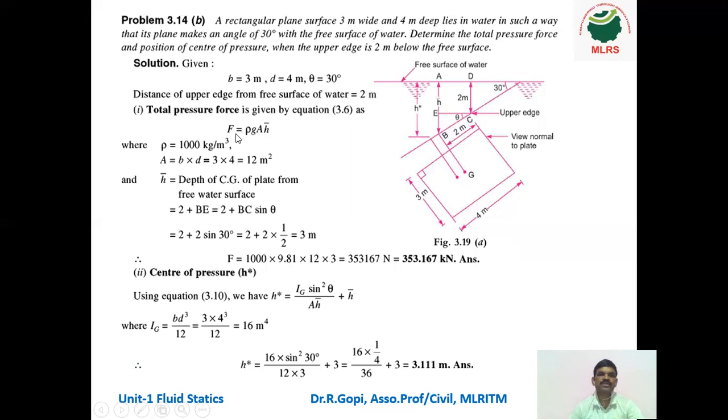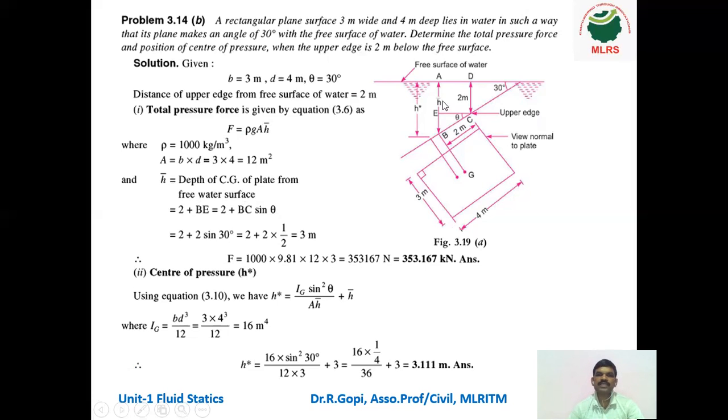We know that F is equal to rho g A h bar. This is the total pressure formula. Since it is water, rho is 1000, and area means area of the plate. Here the size is 3 meter into 4 meter, hence it is 12 meter square. And h bar is the depth of the CG of the plate from the free water surface.